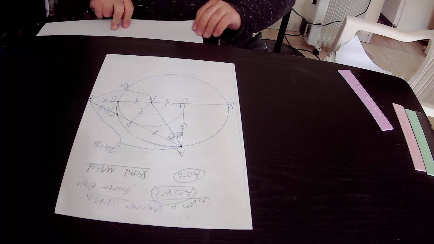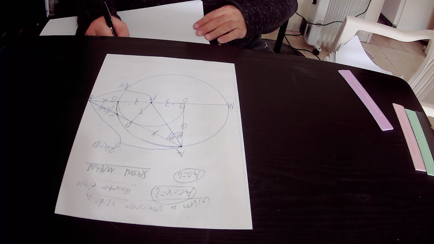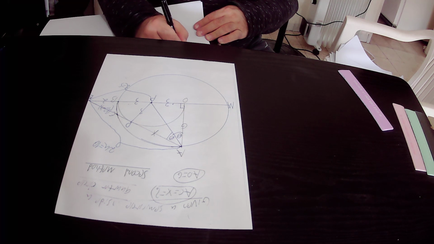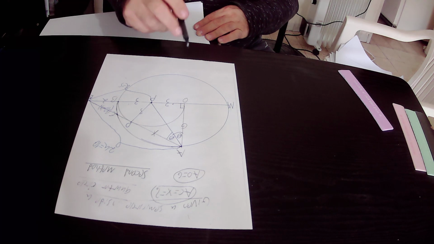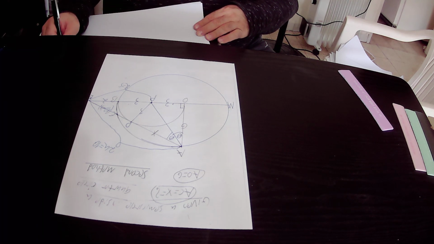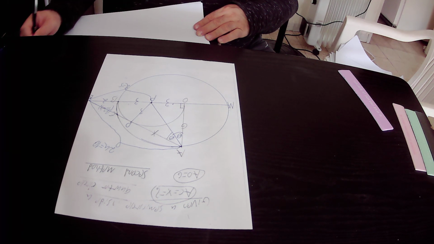In our specific drawing, we have chord AC that intersects with chord MB at point E. Point E is the intersection point of chord AC with chord MB.